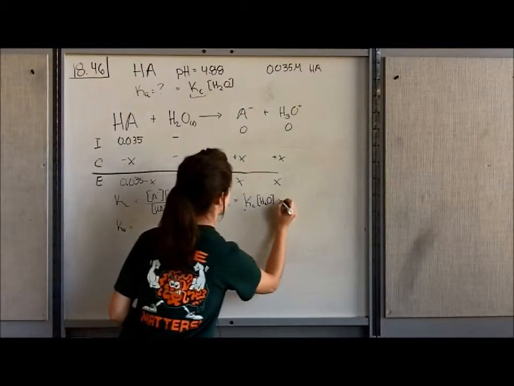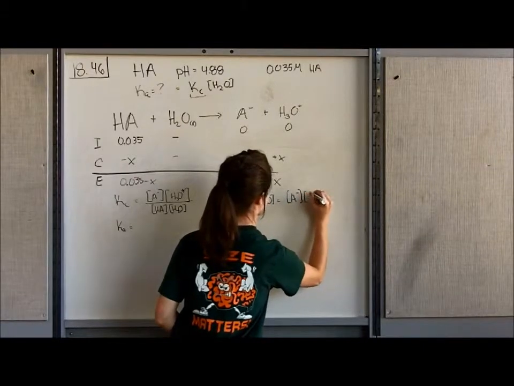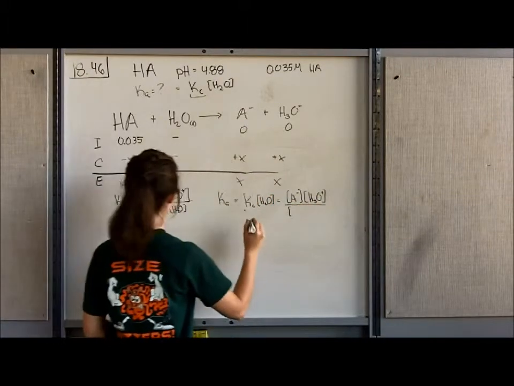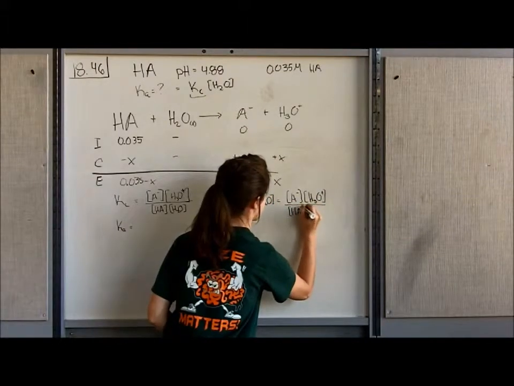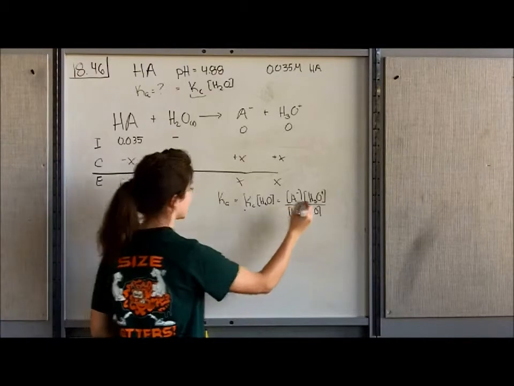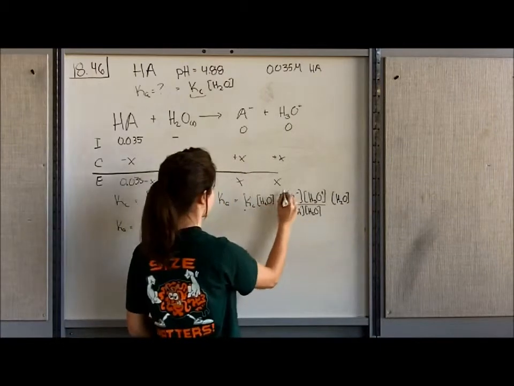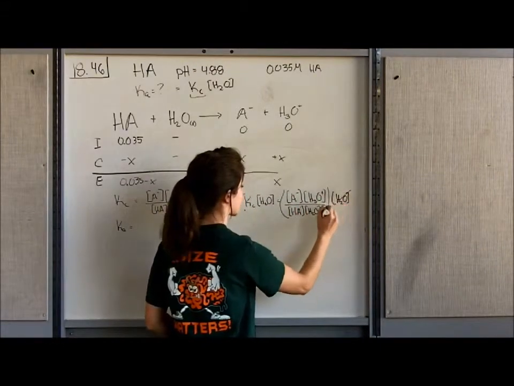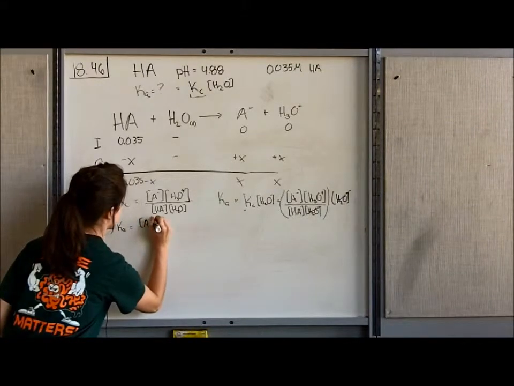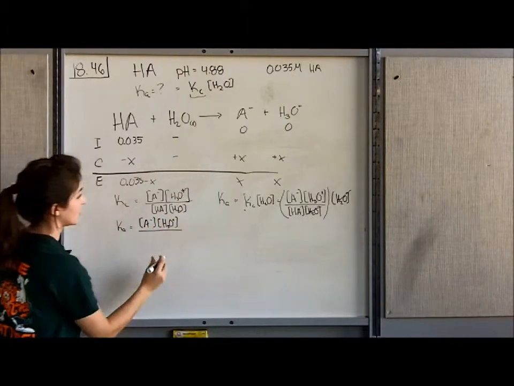So we have A minus times H3O plus all over your reactants, which was the acid and water, and then times H2O, because we had Kc right here. H2O is going to cancel, so you're left with Ka over here, which will equal A minus times H3O plus over your weak acid.